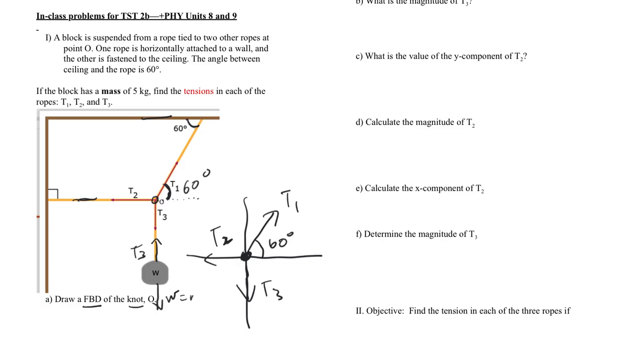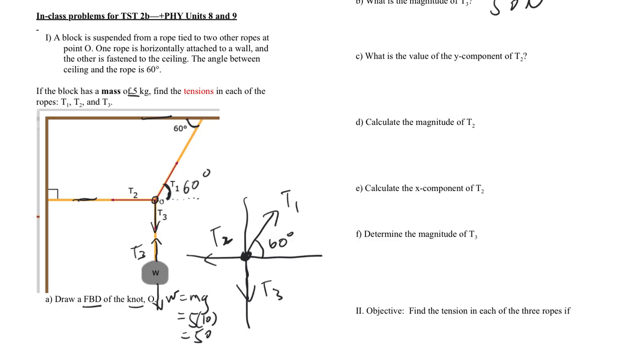So weight is M times G. The mass is 5 kilograms. G, acceleration due to gravity, is 10. So I can say that the weight is equal to T3. And so right here is 50 newtons.